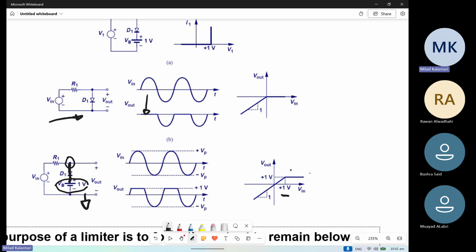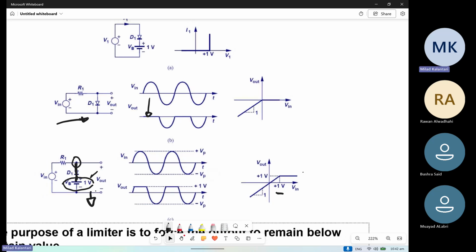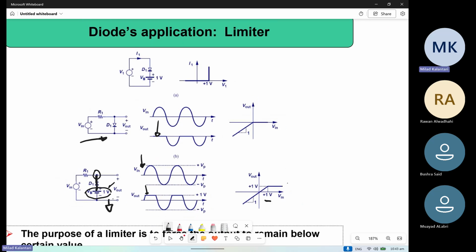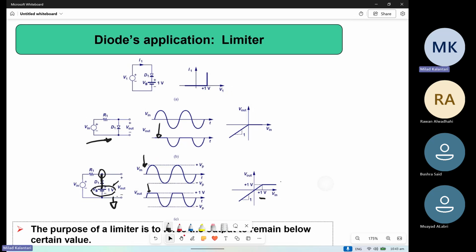If you want to change this level, you can increase this battery voltage. And then once you apply the sinusoidal thing here, you will see that the level of clipping or limiting, they also call it clipping, is changed, is now 1, right?